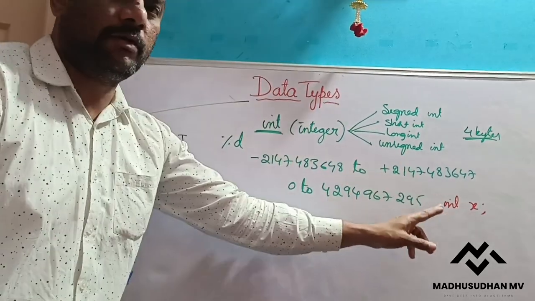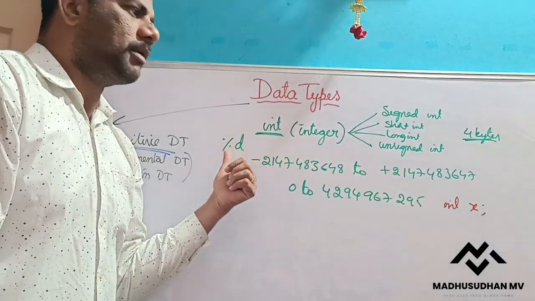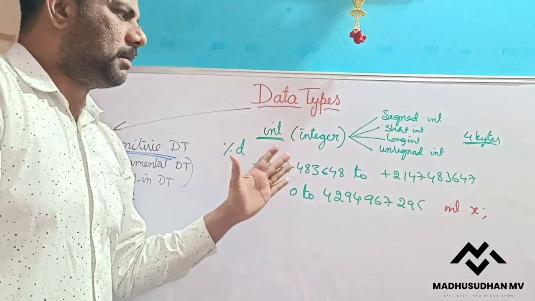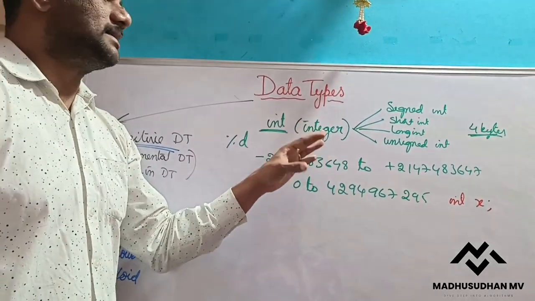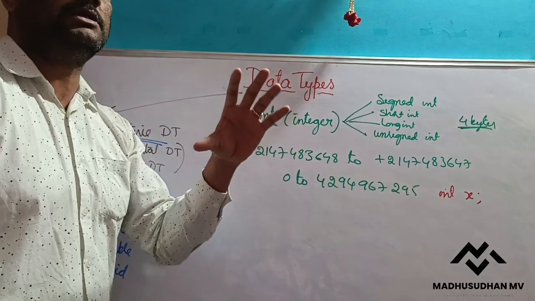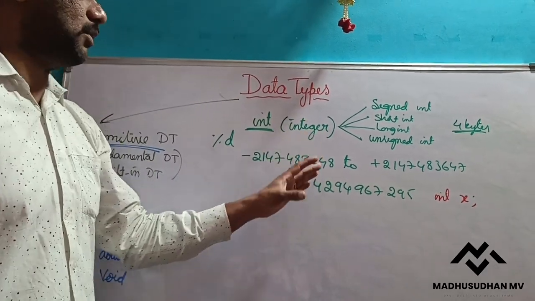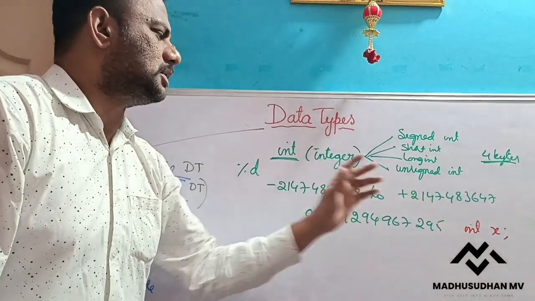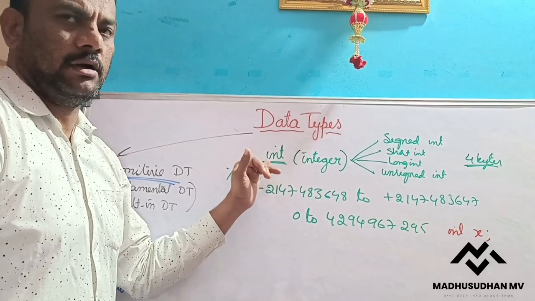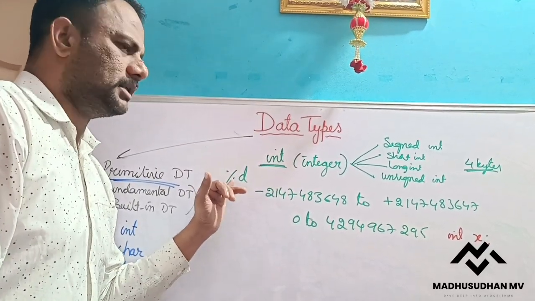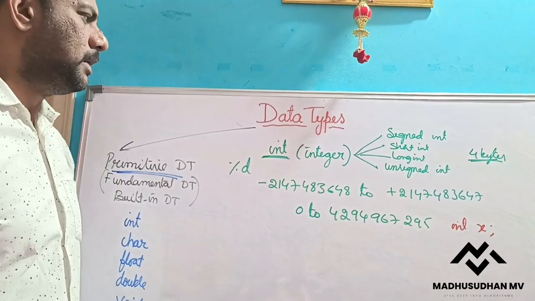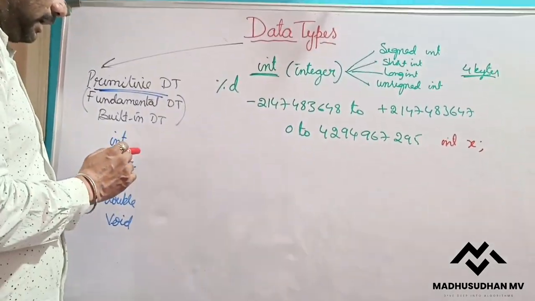What is the keyword we need to use? What is the format specifier we have to use? If you remember these two, we can write the program. The size of the integer we can know by using the sizeof operator. So these two things we should know: int is the keyword to represent an integer variable, and the format specifier used for it is %d. Now similarly, character.